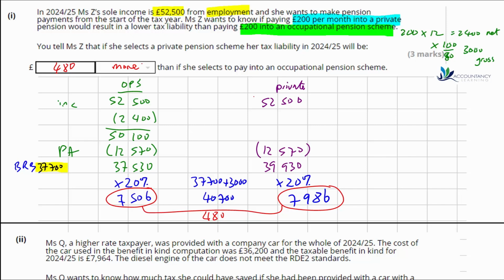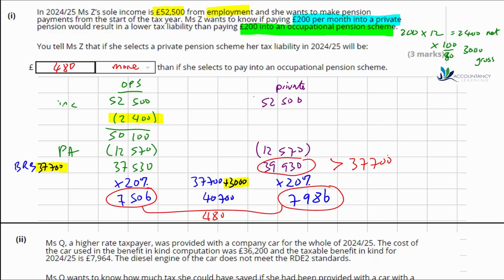So notice what's going on here. The government wants us to pay money into pension schemes to prepare for our retirement, and there are tax benefits for doing that. So if we use an occupational pension scheme, that's deducted from our income, so we pay less tax. But if we pay into a private scheme, the gross amount is added to the basic rate band. And you see what happened there, because when we first looked at the 39,930, that's greater than the 37,700 in the basic rate band.